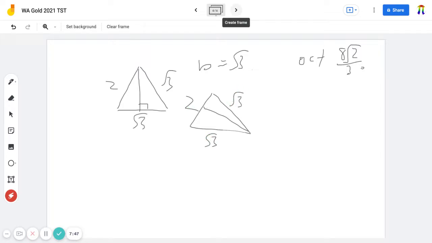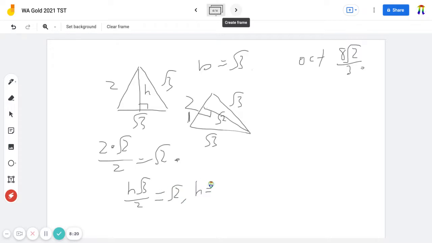So this side length of this right triangle here is 1, so this side length here must be square root of 2. Thus, the area of this triangle is 2 times the square root of 2 over 2, which equals the square root of 2. Now, if we let this be h, the height of the tetrahedron, then we have h times the square root of 3 over 2 is equal to the square root of 2. So h is equal to 2 times the square root of 2 over the square root of 3.